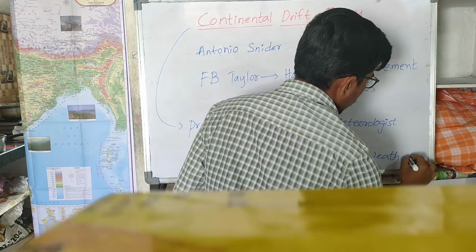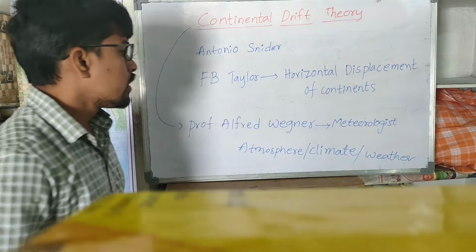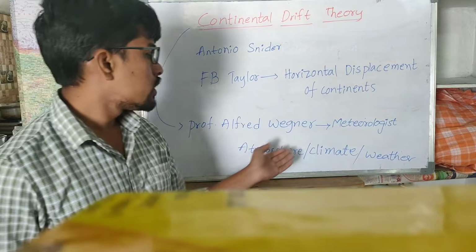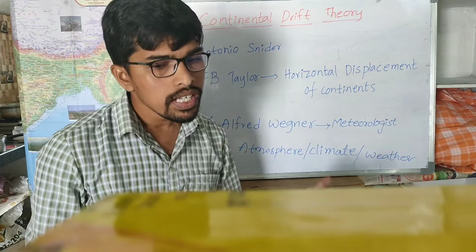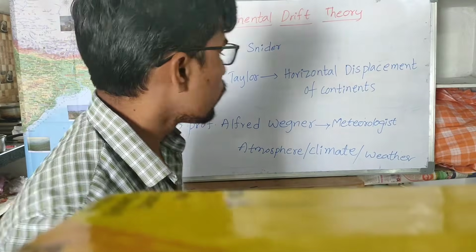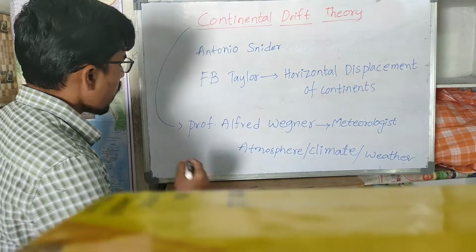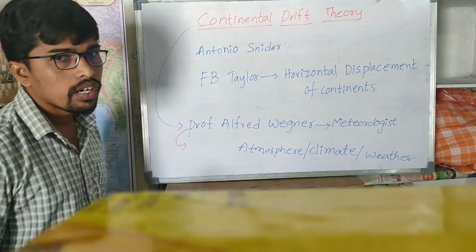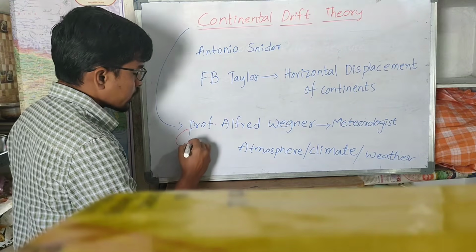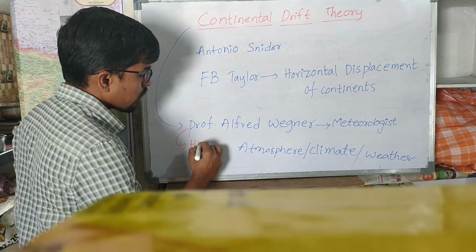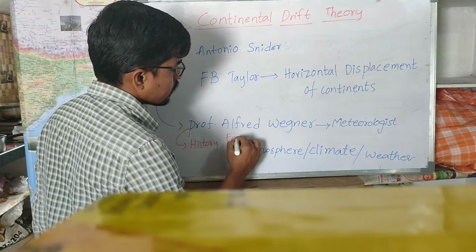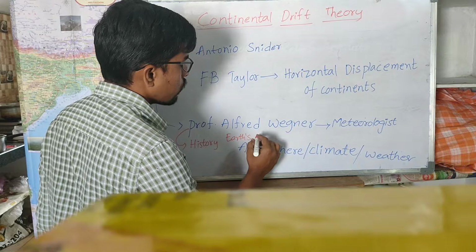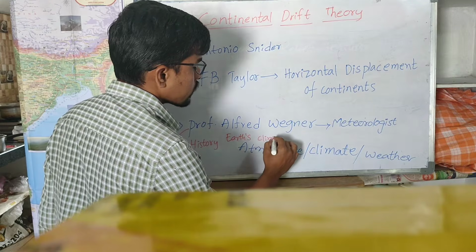Alfred Wegener was a meteorologist studying the atmosphere, climate or weather of certain places. Wegener and many other scientists wanted to know the past history of the Earth's climate.